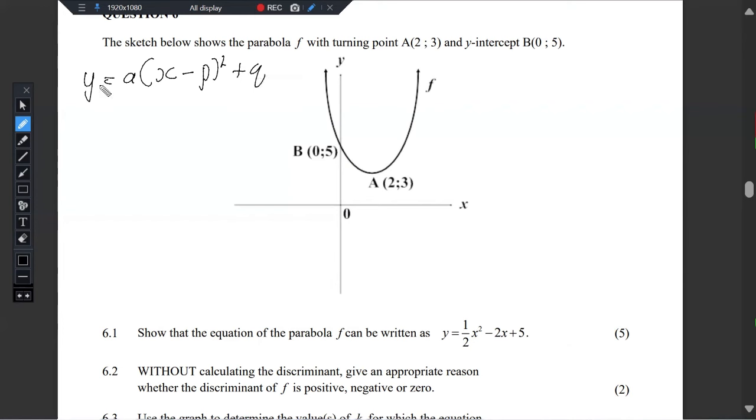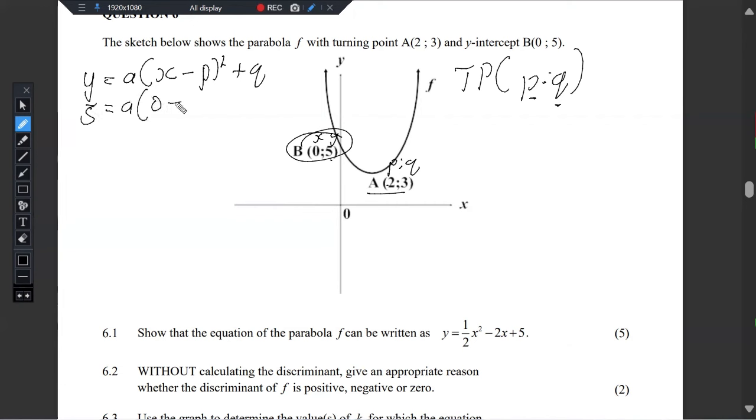Remember, for y and x, we substitute the other point, meaning the coordinates of B. For p and q, the turning point is represented by p being the x value and q being the y value. So the (2;3) here, this is p and this is q. And this is x, and this is y. Our y is 5, and we are first looking for the value of a. So 5 equals a times (0 minus 2) squared plus q, which is 3.